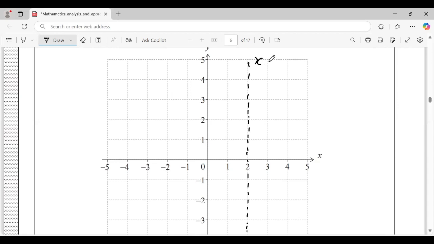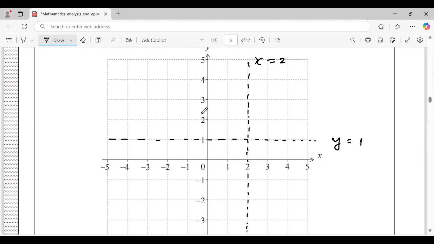This is asymptote x equals 2. And the second asymptote is y equals 1. This is the asymptote y equals 1.